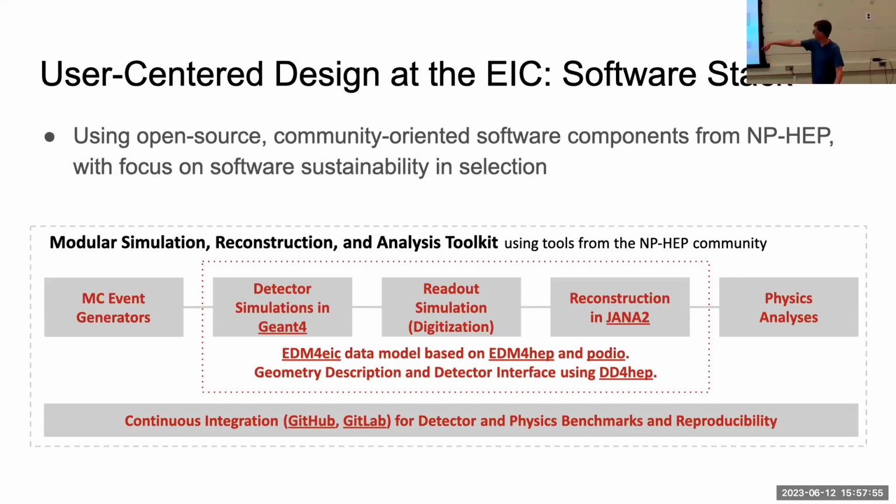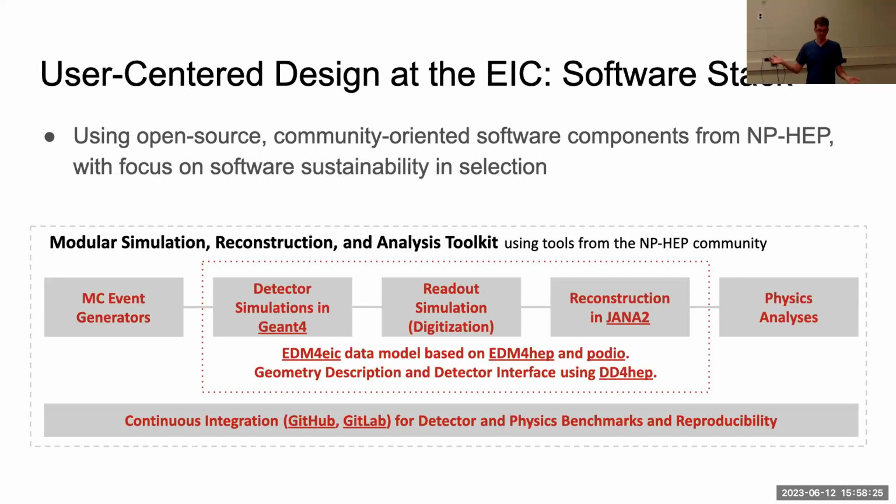To facilitate all of the collaborative aspects, we use GitHub and GitLab, and we heard about benchmarks in the context of PDF studies. So we're also running benchmarks. Essentially, whenever you make some change to the geometry, or update something in a reconstruction algorithm, it runs a DIS analysis, a timelike Compton scattering analysis, and a DVCS analysis, deeply virtual Compton scattering.